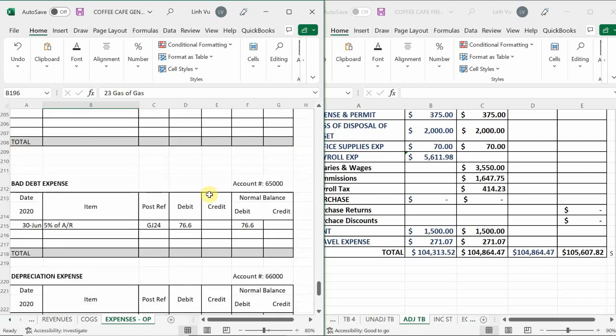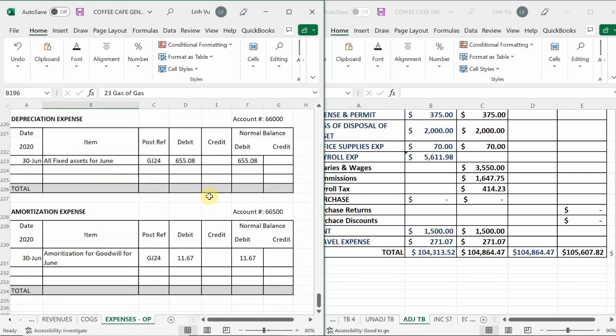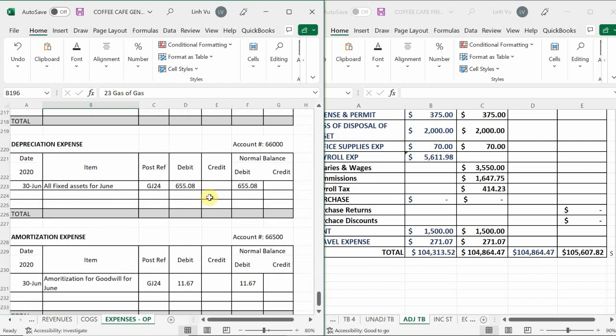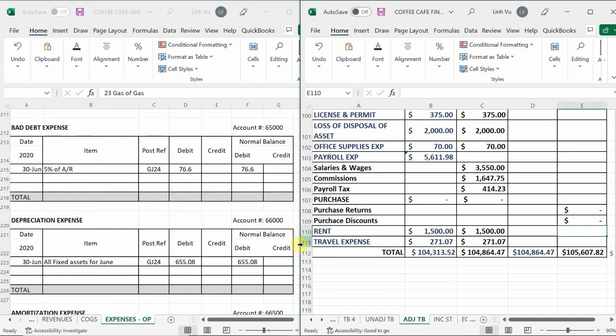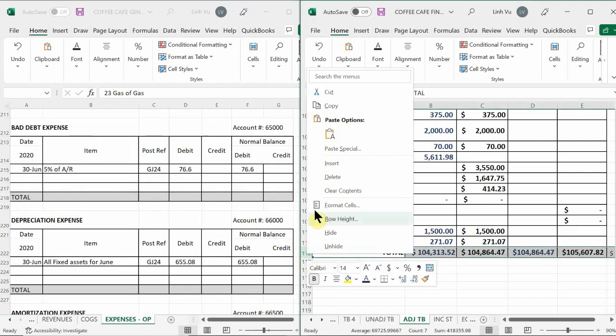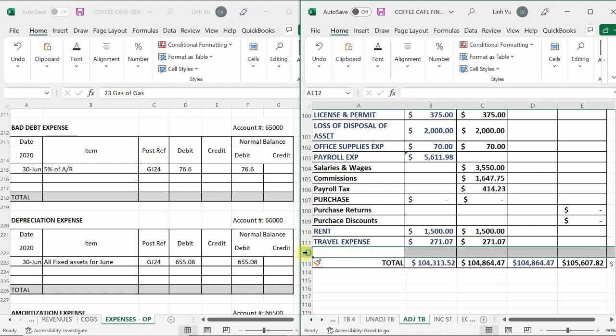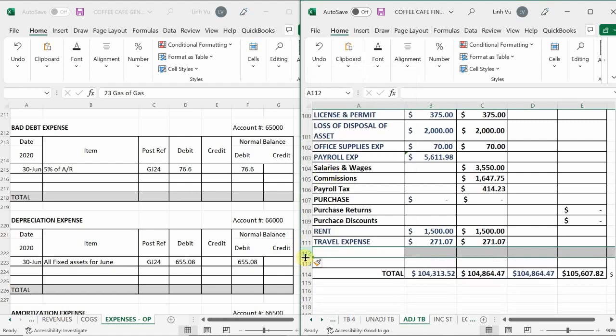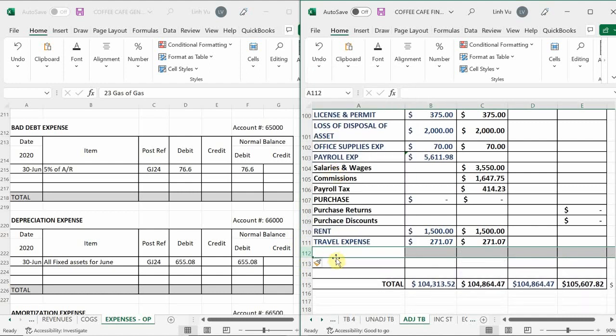And then last but not least, we don't have any utilities payable, but we do have bad debt, depreciation, and amortization. So I need to add 3 more rows. So 1, 2, and 3. So 1 for bad debt, depreciation, and amortization.